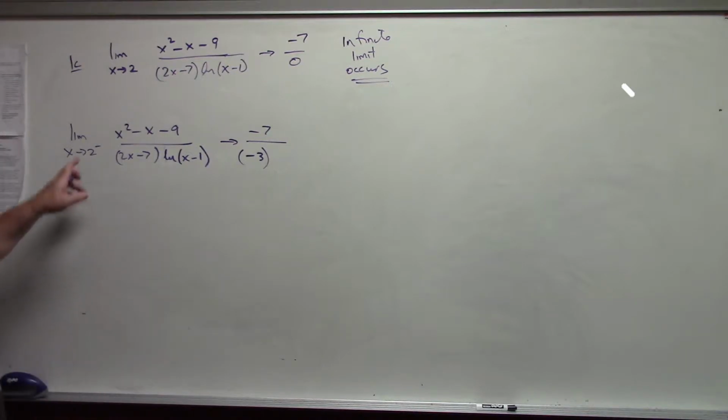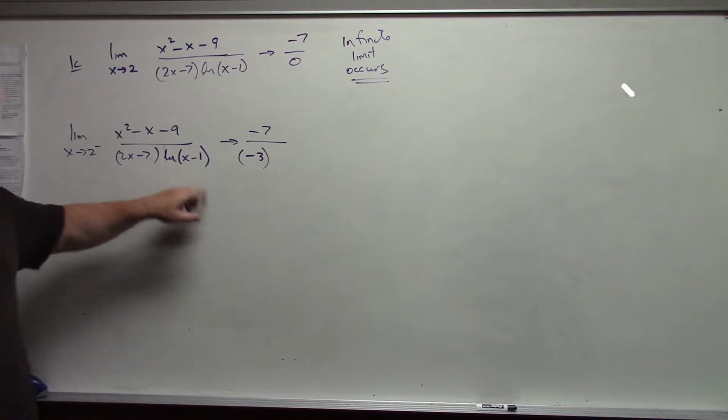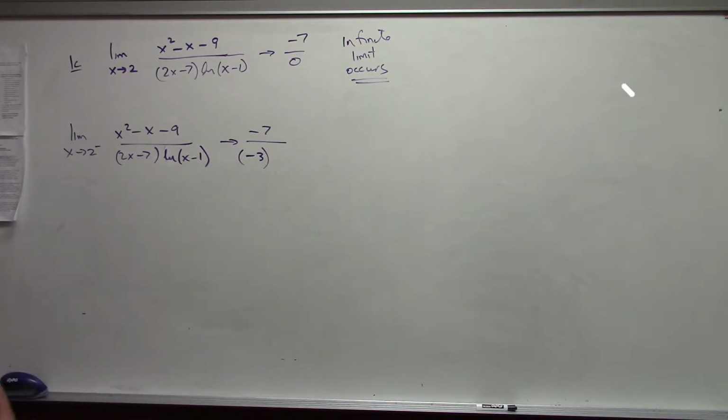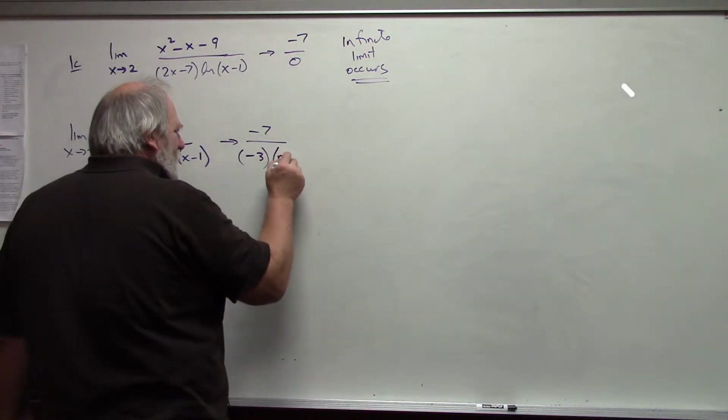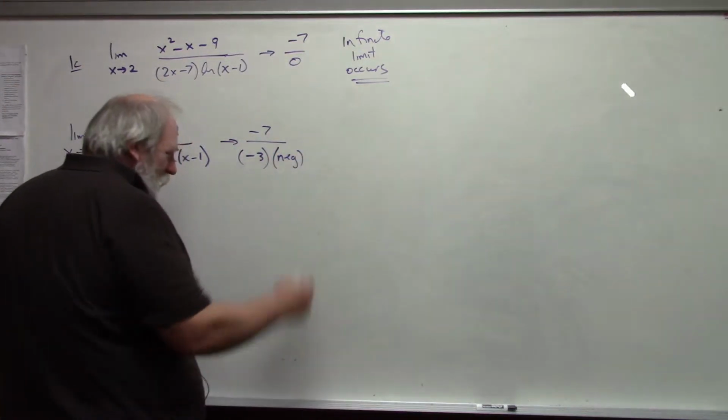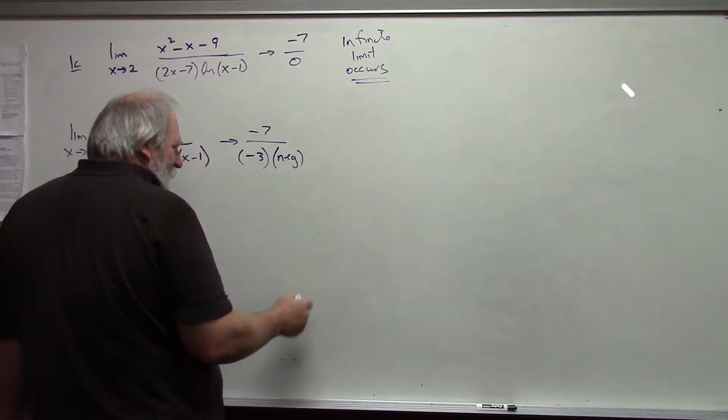Since x is approaching 2 from the left, x is smaller than 2, which means x minus 1 is smaller than 1. The natural log in this case is negative. It's approaching 0 from the negative side.